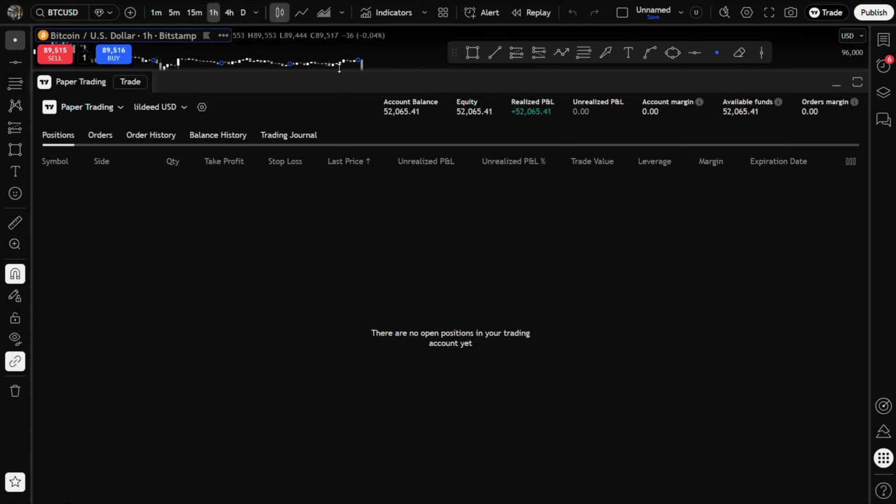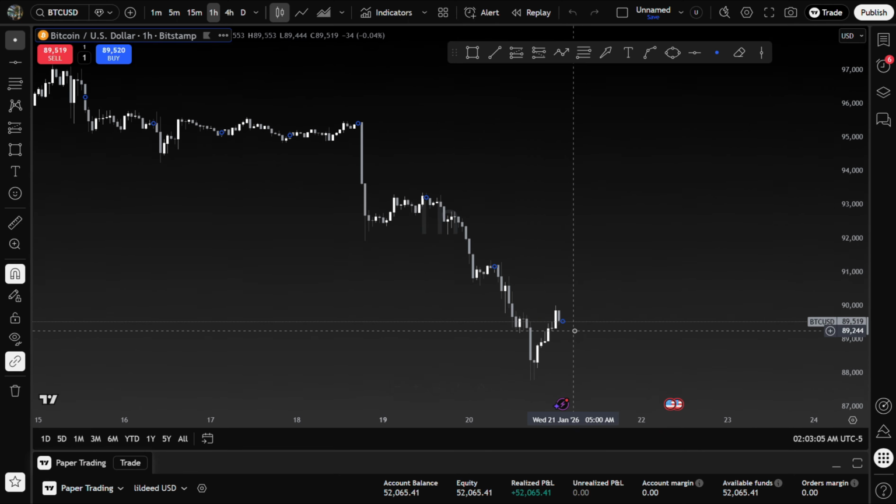You'll be using market orders, which execute instantly at the current price. So if I were to place a trade right now, it'd be a market order. And there's another one, it's called limit orders, which execute only at a price that you choose. So understanding this difference is critical for controlling risk and entries.